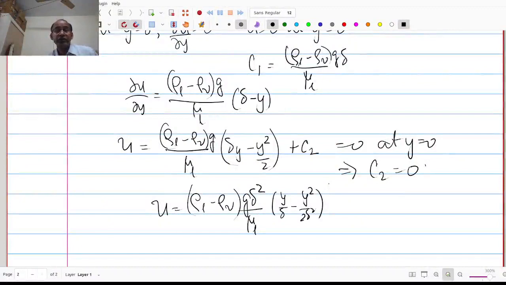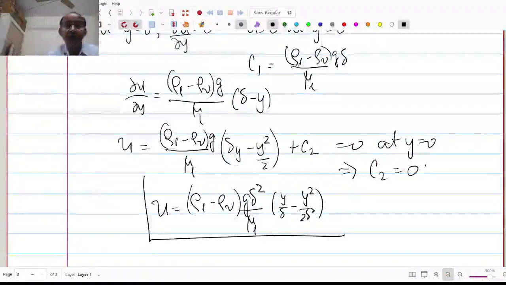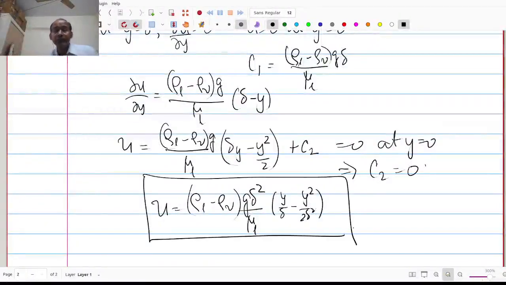This is your expression for the velocity profile in the film, where delta is a function of x, which we still need to determine from the remainder of our analysis.